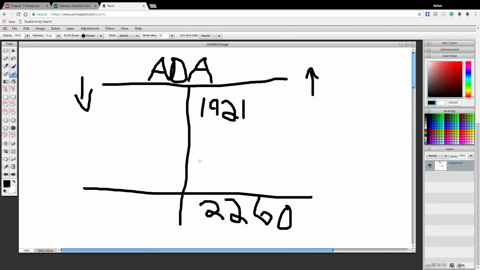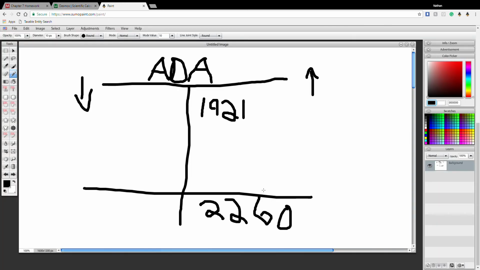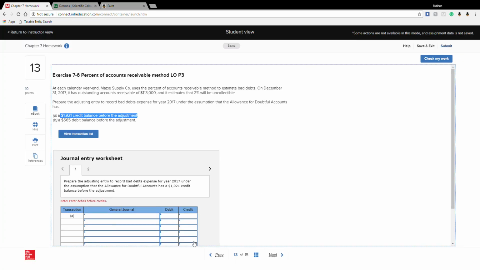So really, we're finding the missing credit that added on. Because of this, all I have to do is take this amount and subtract it from 1921. So that means I have $339 that I need to put in, and that would actually increase it to 2260.